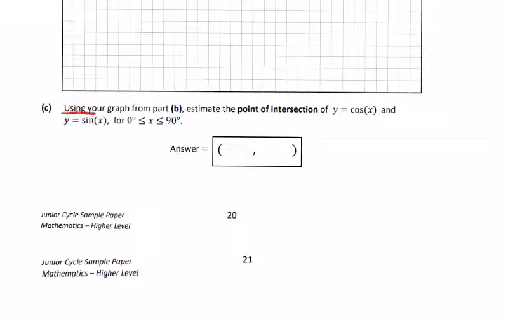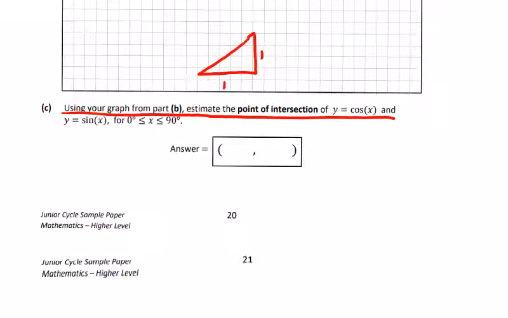In the last part, because we've already done this, because of our knowledge of these things, use our graph to estimate the point of intersection. We know, because of our isosceles triangle, it doesn't matter whether it's a 1, a 1, or a 2 and a 2, that these are both going to be 45. So the sine and cos of 45 are the same.